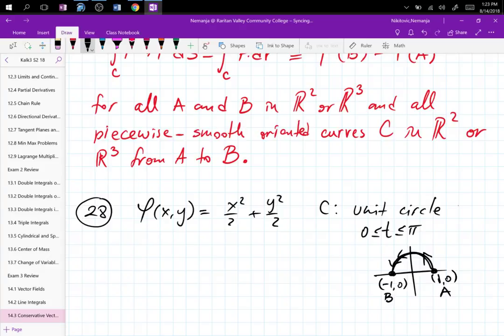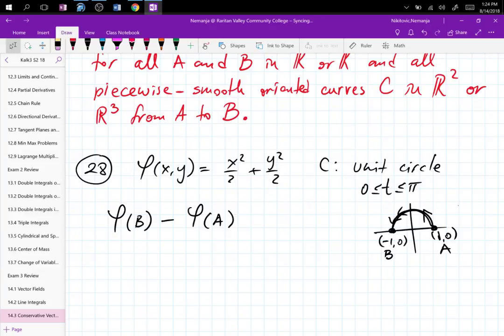So now, what are we supposed to do? Evaluate the line integral. It's phi of B minus phi of A, like f of B minus f of A. This is the fundamental theorem of calculus for line integrals. So phi of B, what is it?